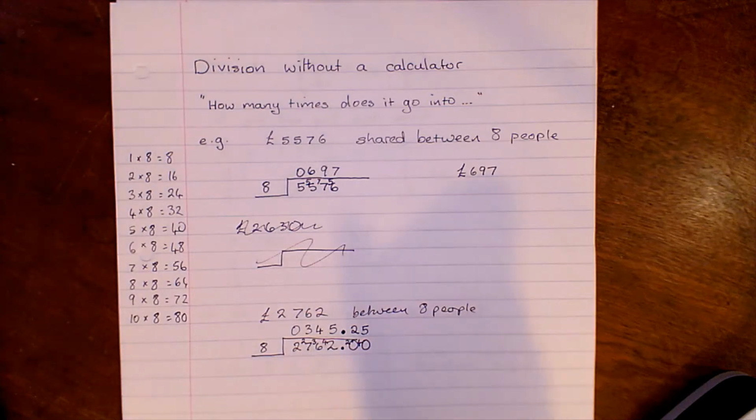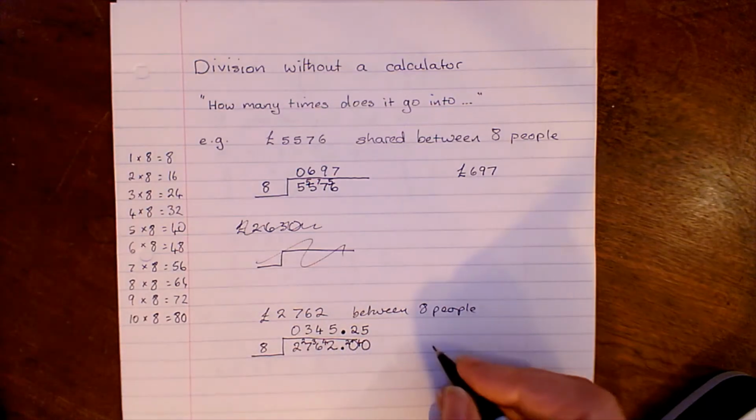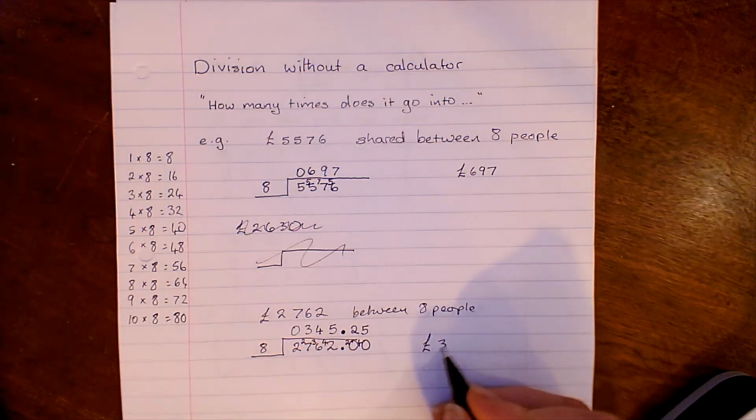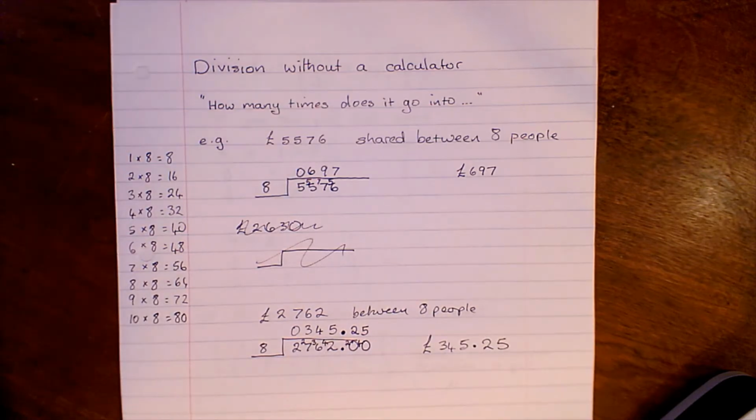So, if I shared £2,762 between 8 people, I get 345 whole pounds and 25 pence each. Okay, so we can cope with decimals as well, it's not a problem.